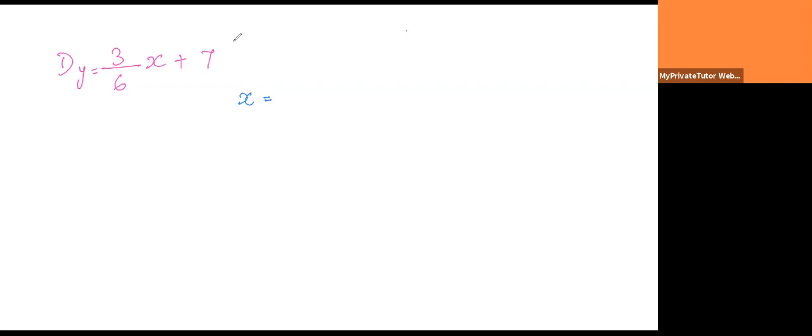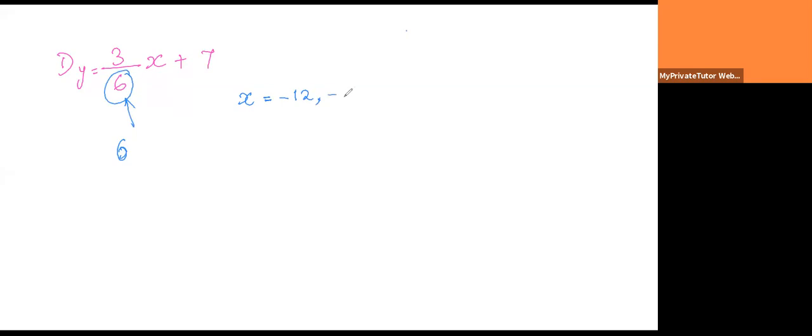Yeah, exactly. Just have a look at the denominator, Joseph. The denominator is 6. So please assume the x values as multiples of 6. What are they? Multiples of 6 are 6, 12, 18, 24, and so on.